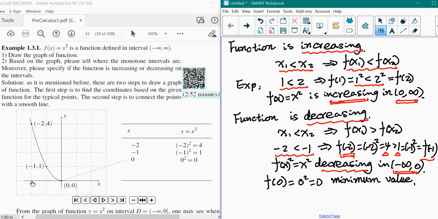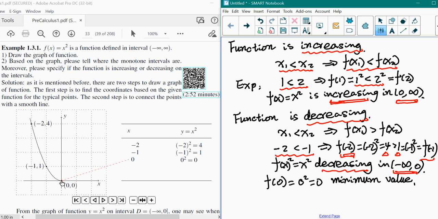From the left, which is smaller, to the right, which is bigger. So when the x value increases, the y value decreases, and then we say, in this case, the function is decreasing.